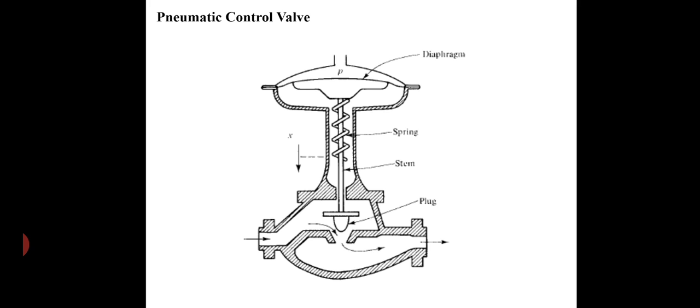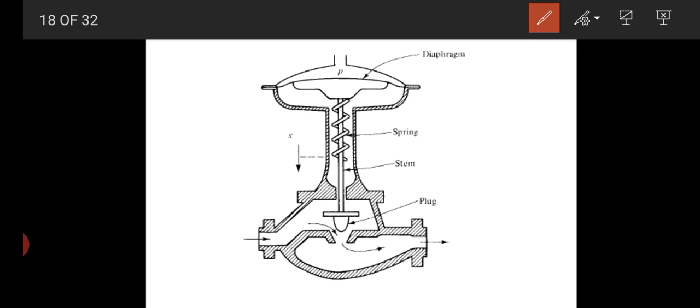We are considering a typical pneumatic valve that is shown here. The position of the stem will determine the size of the opening for the flow, and consequently the flow rate.